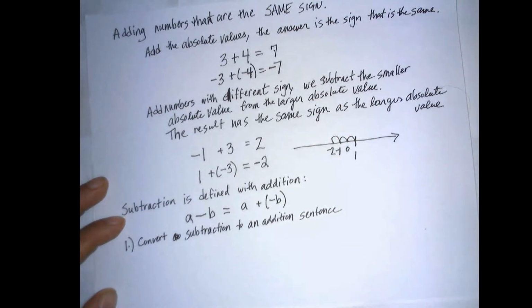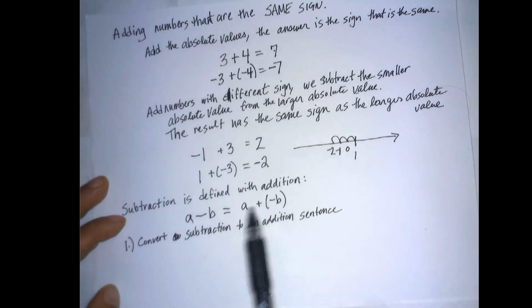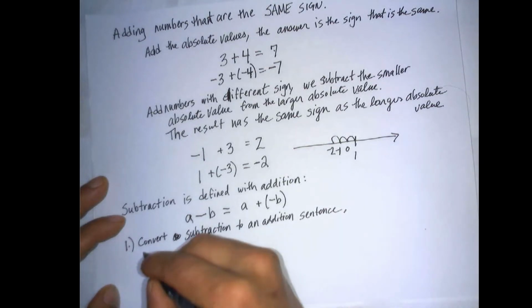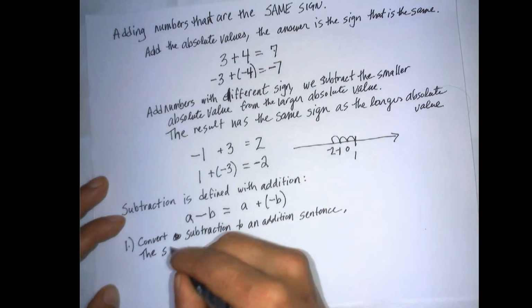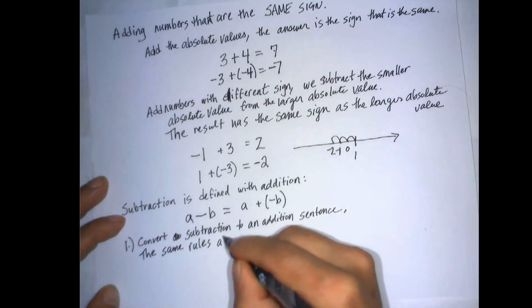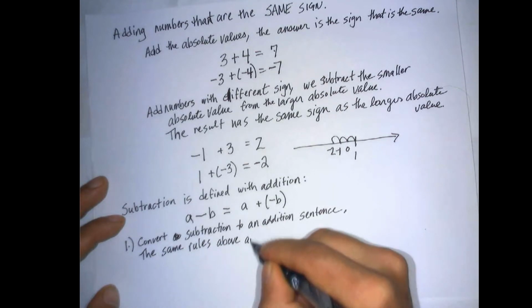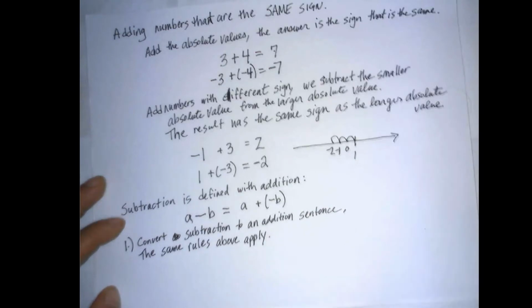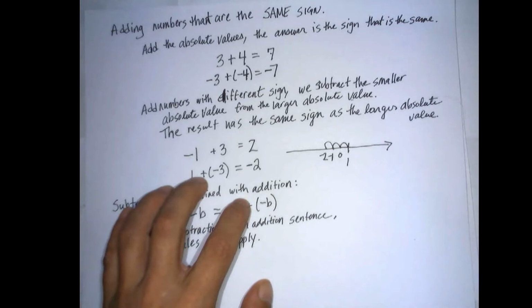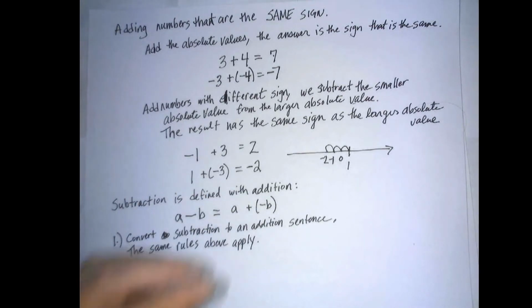So in other words, we take the subtraction and we change it to addition, and we change the sign of whatever we're subtracting. Then the same rules for addition apply. So then we follow these rules for adding, because once we change it to an addition sentence, the rules are the same. So let's look at an example.